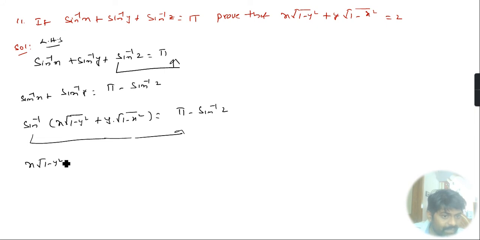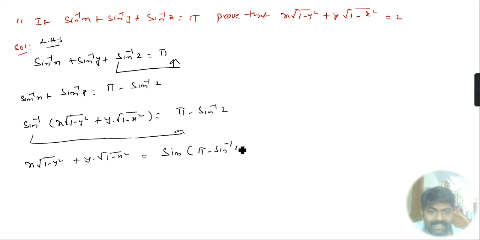x into root of 1 minus y square plus y into root of 1 minus x square equal to sin of pi minus sin inverse z, that is sin of 180 minus theta, nothing but sin theta. So we get sin of sin inverse z.